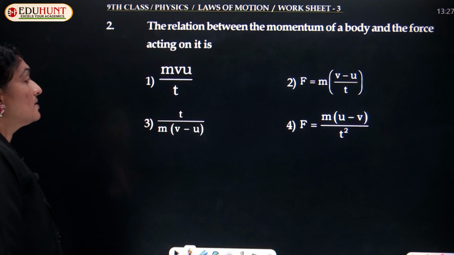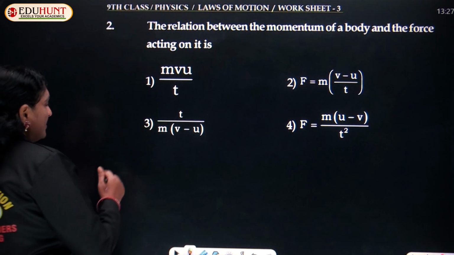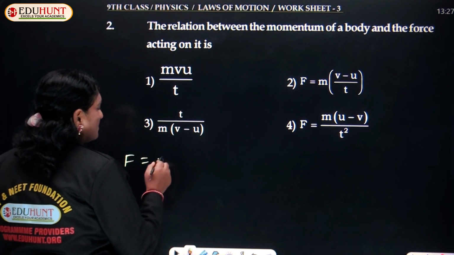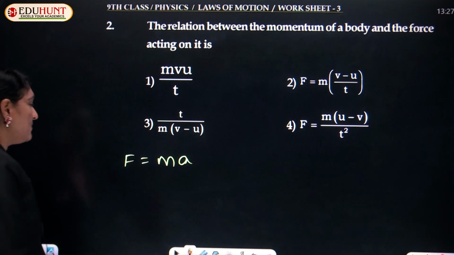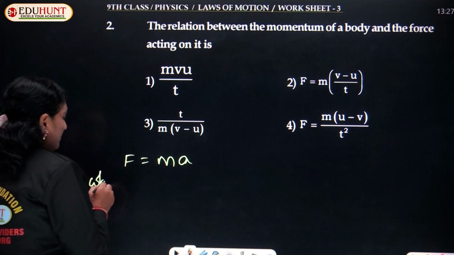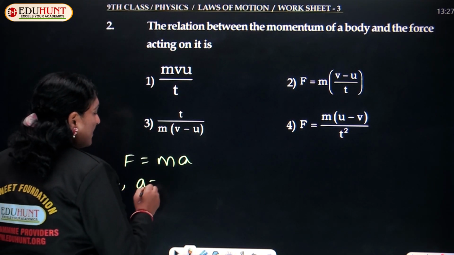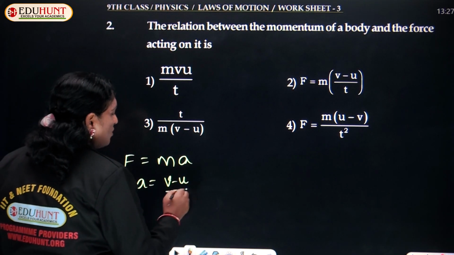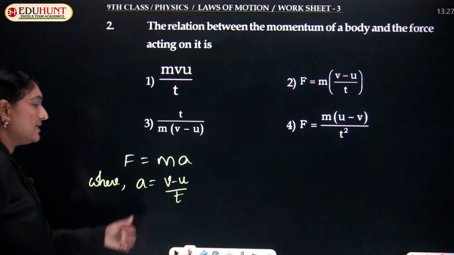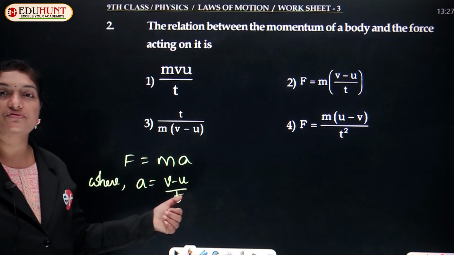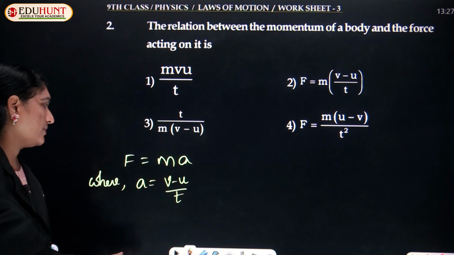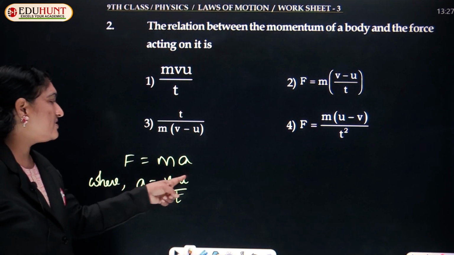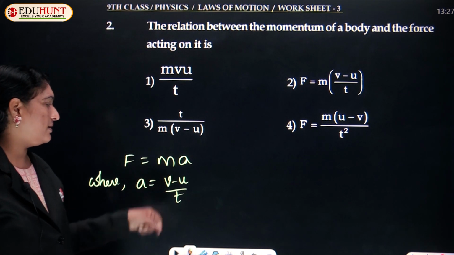So, just now we have discussed that F equals ma, where the acceleration is defined as the rate of change of velocity. Acceleration is the change in velocity upon time. So, that is change in velocity is v minus u by time.